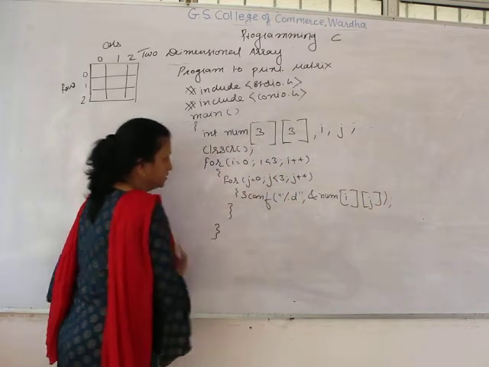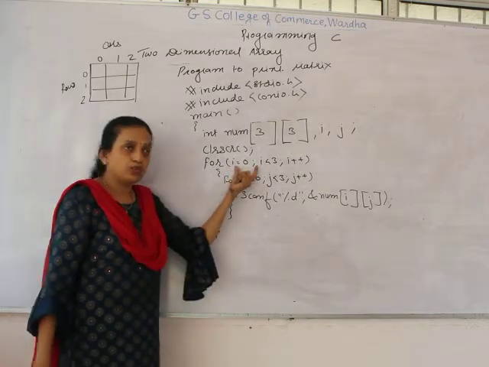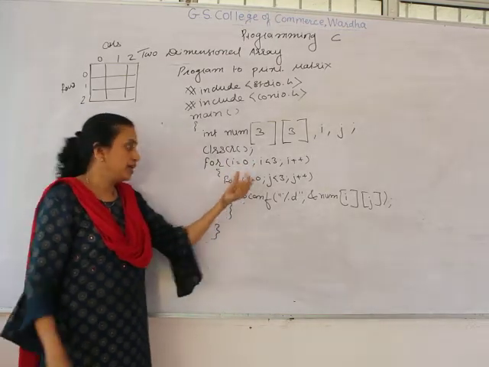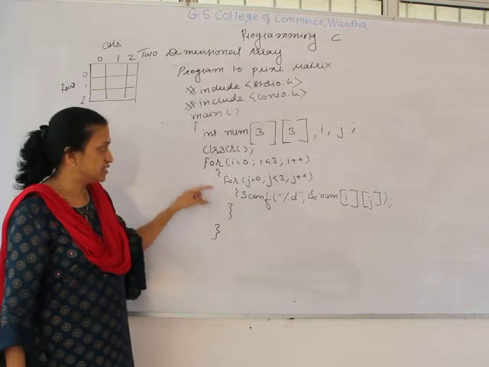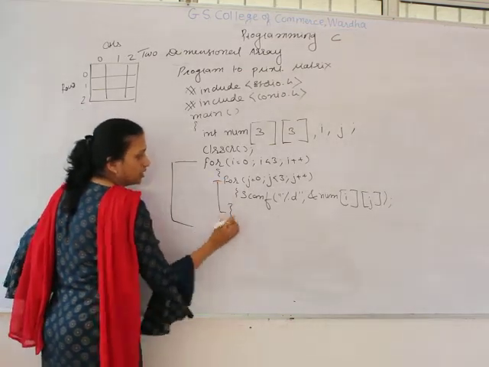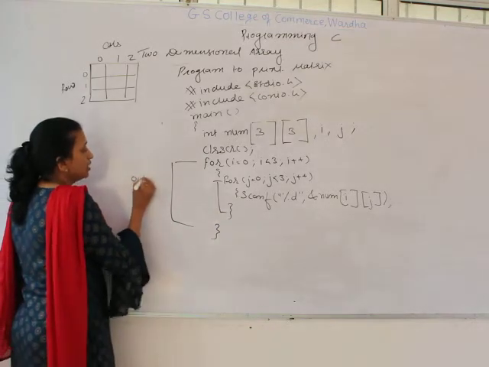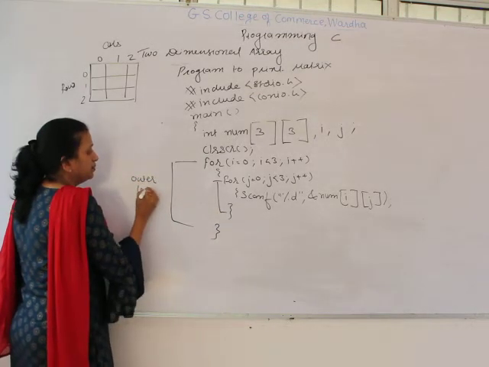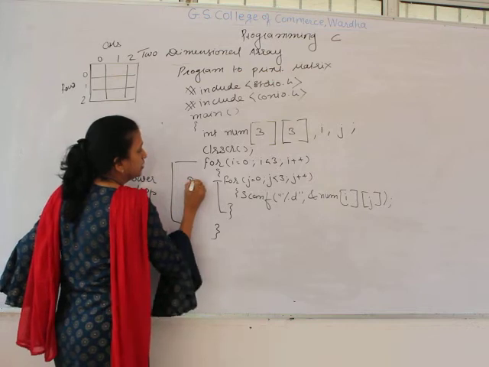So here I am taking one loop and keeping another loop inside this loop. This is the outer loop and this is your inner loop.